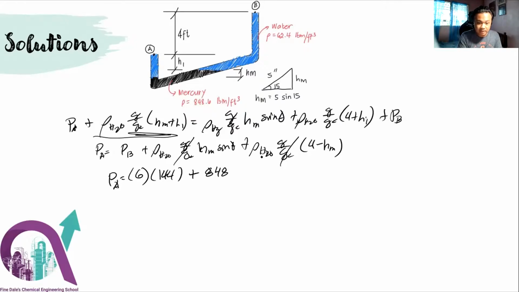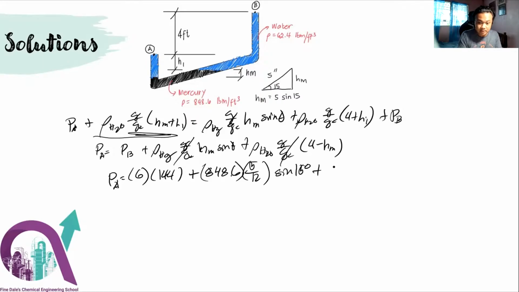And then we have the density of mercury, HG also, 848.6. And then 848.6 times the height, 5 over 12, so that's in feet. So sine 15 degrees.